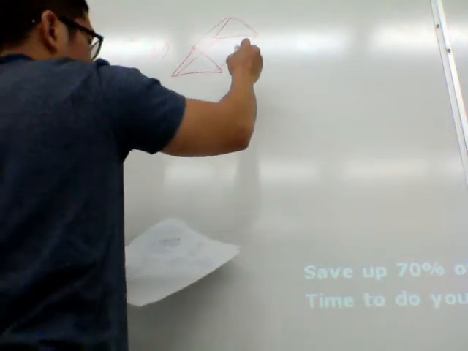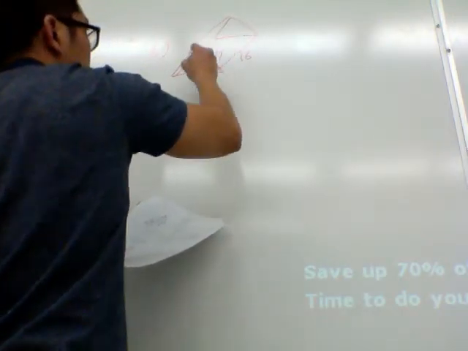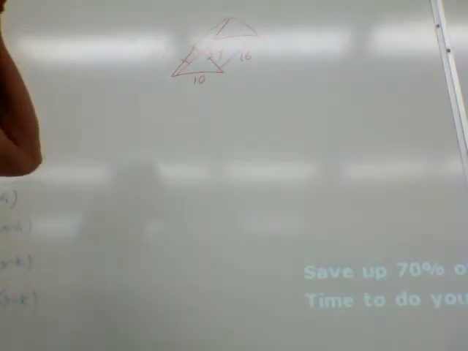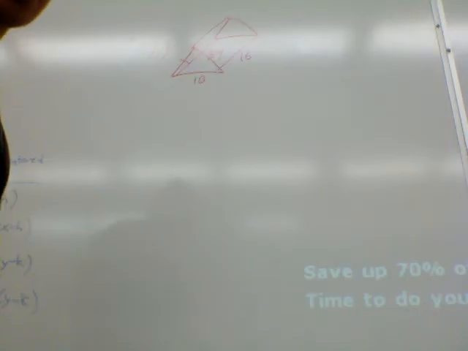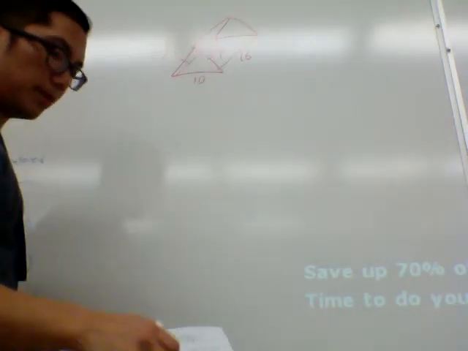Okay. They give you 16, 24, and 10, and these are the same. So this is an isosceles triangle again, which means that 2 of the rectangles are going to be the same.